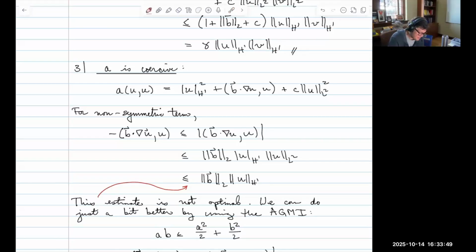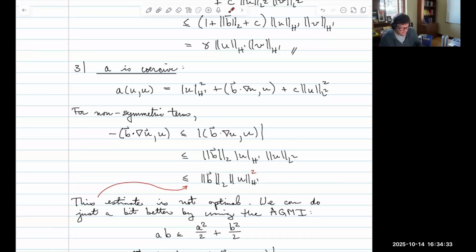I think I have another typo here. Now, what if we estimate this from above and this from above, both of them by the H1 norms? Each one is less than the H1 norm, so when I do those estimates of this product, this term is less than the Euclidean norm of B times the H1 norm of U squared, because I have two terms there.